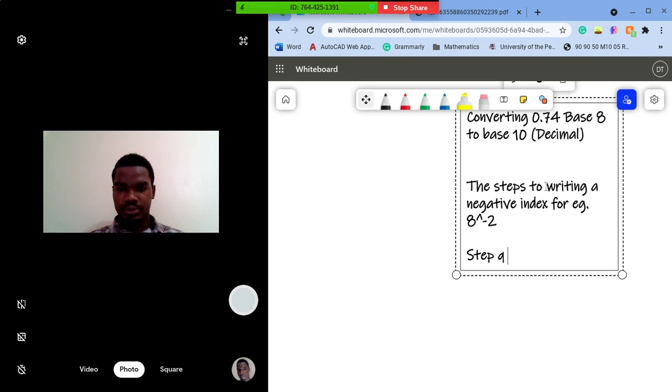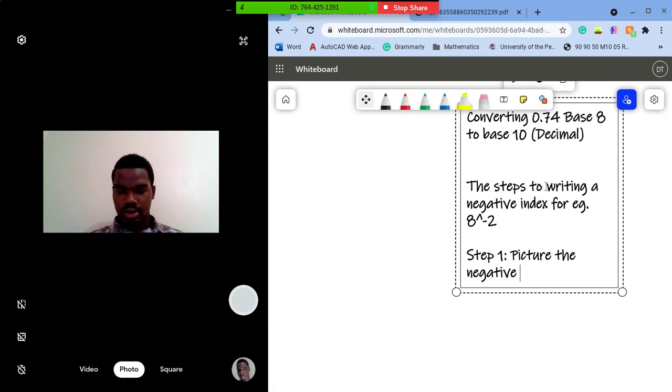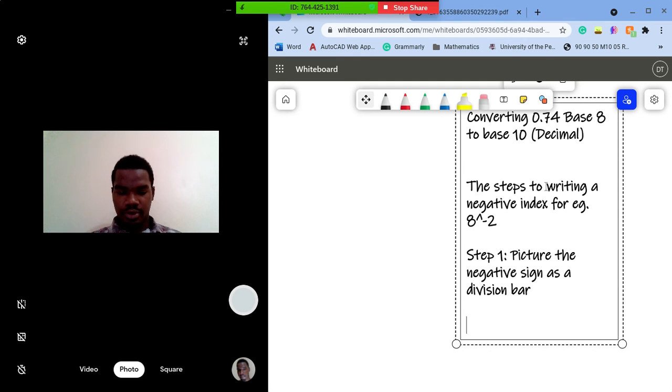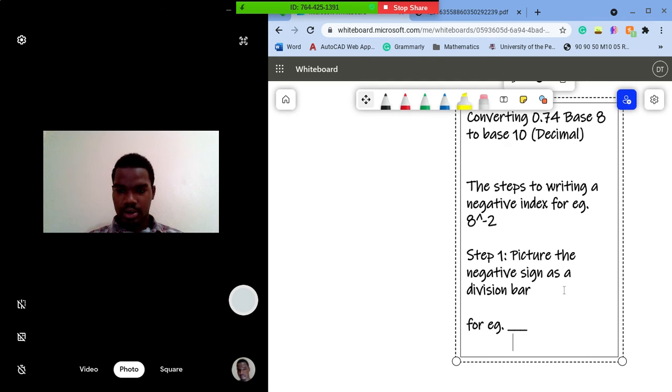Step 1, picture the negative sign as a division bar. For example, 1 divided by, okay, 1 divided by 1, for example.